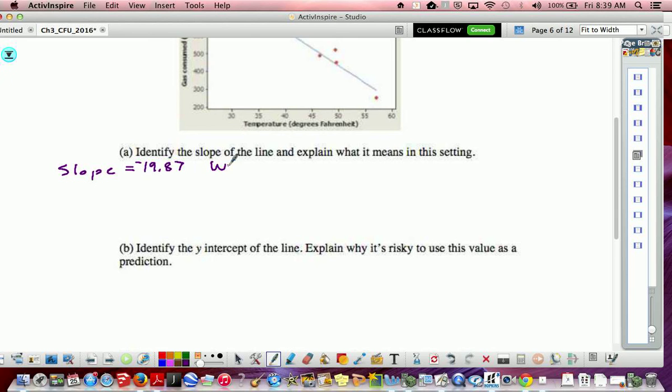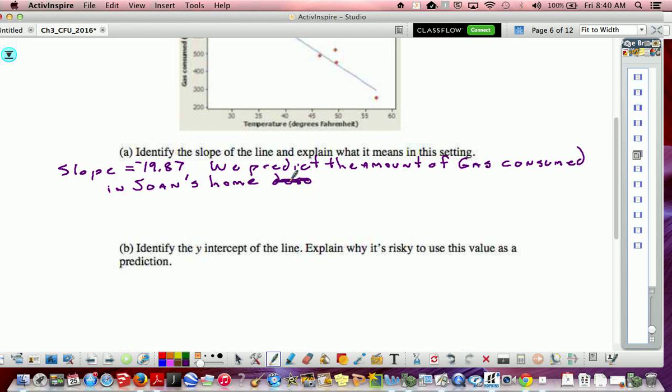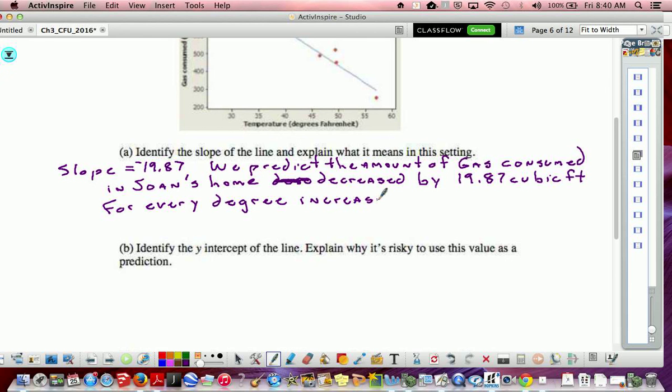Okay? So, I'm just going to rewrite that. We predict the amount of gas consumed in Jones' home decreases by 19.87 cubic feet for every degree increase in temperature.